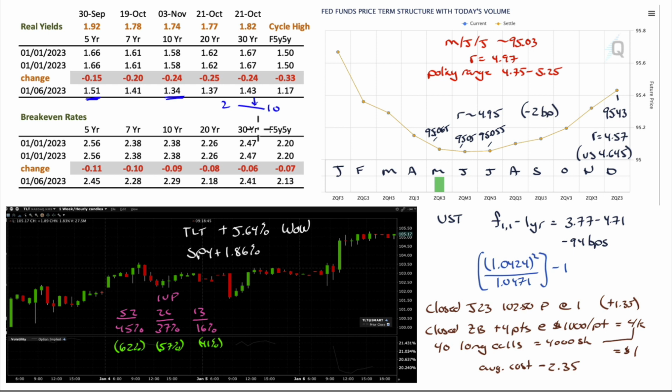If we're trying to tear apart the inversion of the curve to, well, is the market expecting lower growth going forward or lower inflation expectations, then we can look at the real curve versus the nominal curve, and you have an inversion on the real curve happening, which means an expectation.